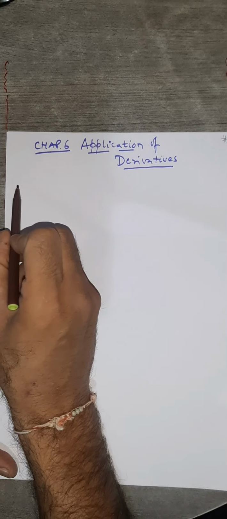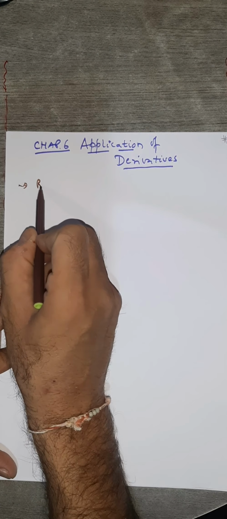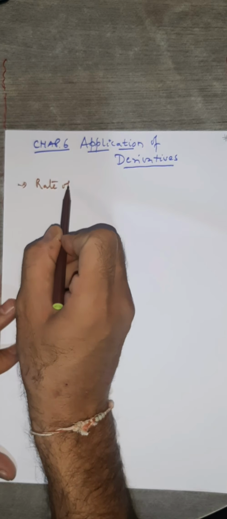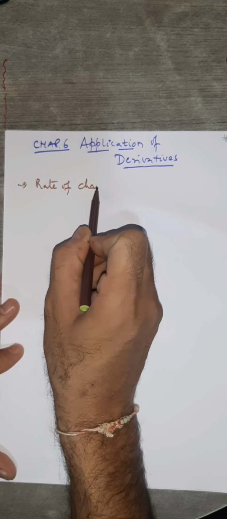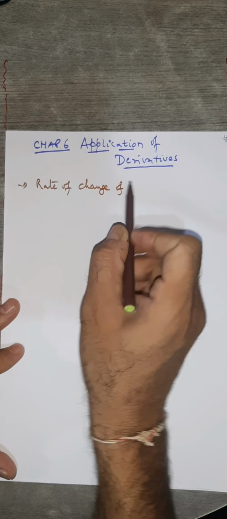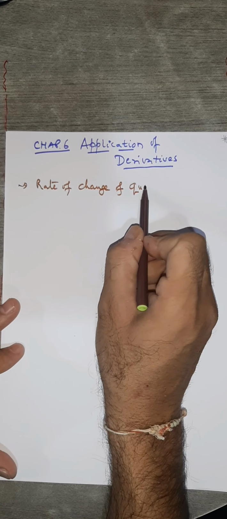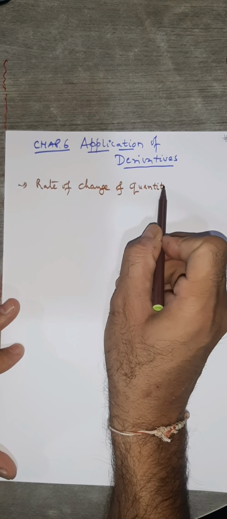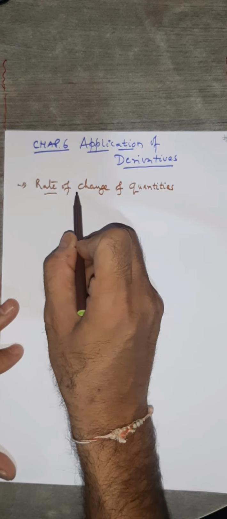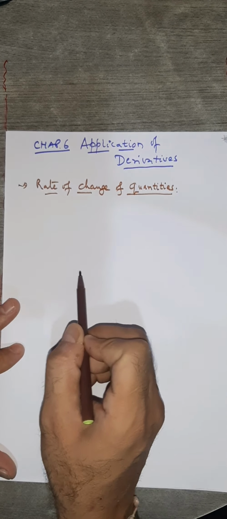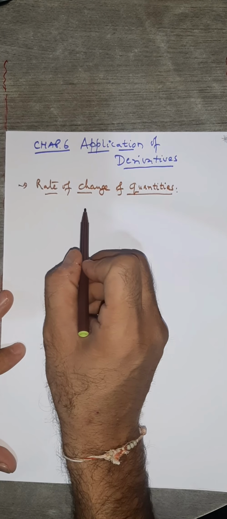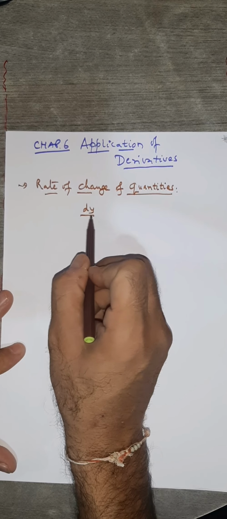The first part is about rate of change of quantities. In this section we don't have any theory, but it is just about dy by dx.